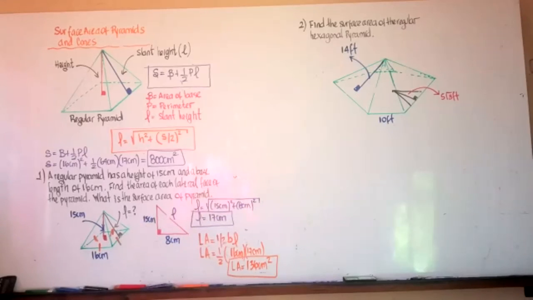El 5 raíz de 3 feet viene siendo el apotema. Recordemos que el área de la base es un medio perímetro por apotema. El perímetro también lo podemos calcular. Después utilizan la fórmula, y el 14 viene siendo el slant height.